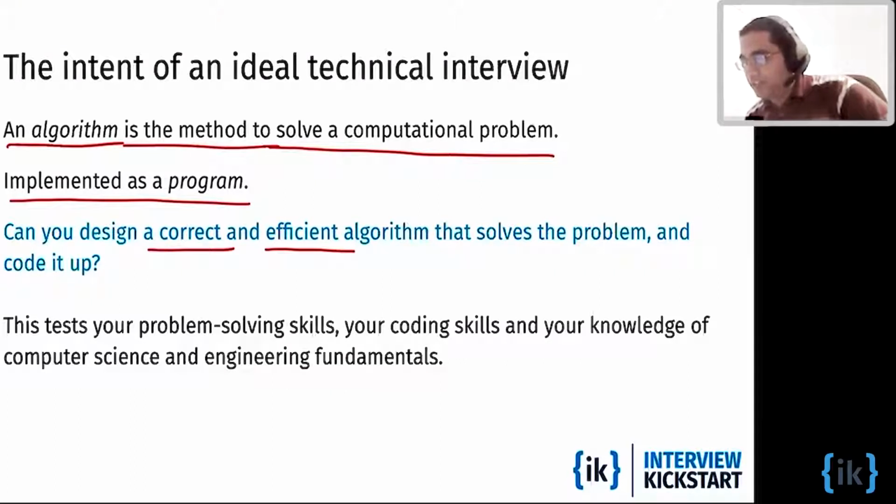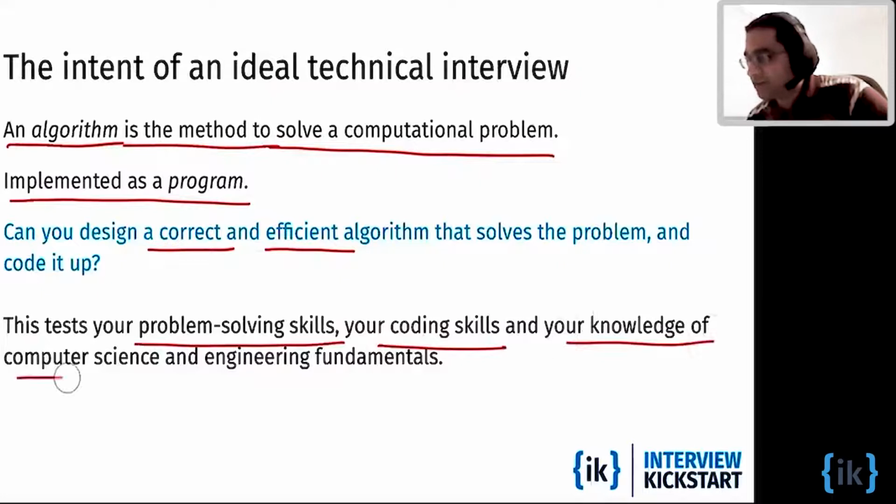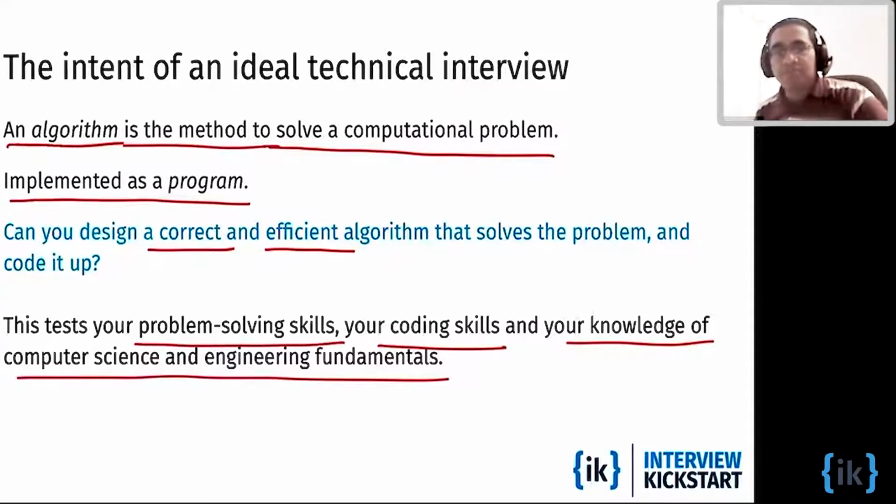So together, problem solving and then coding, together these test three things. Your problem solving skills are tested, your coding skills are tested, and both of these depend on an underlying foundation of fundamental knowledge of computer science and engineering principles.